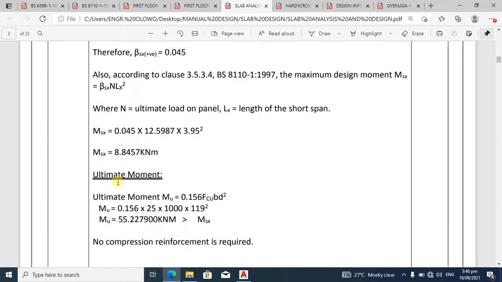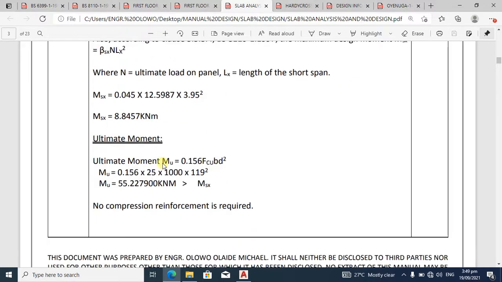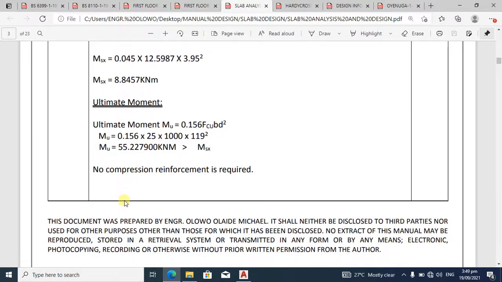Then from here we can get our design moment. So from here our design moment is 8.8457.